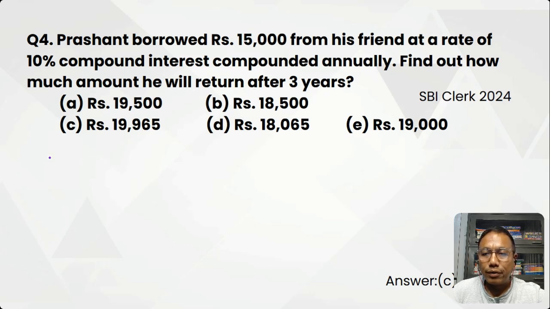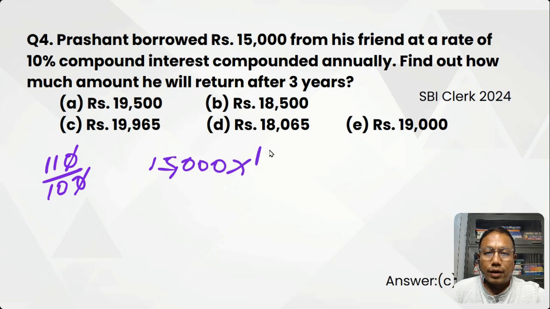How to write 10% more? 110 by 100. 100 plus 10 by 100, that is 10% more. After cancelling, we have 11 by 10. 15000 multiplied with 11 by 10. How many times? 3 times.